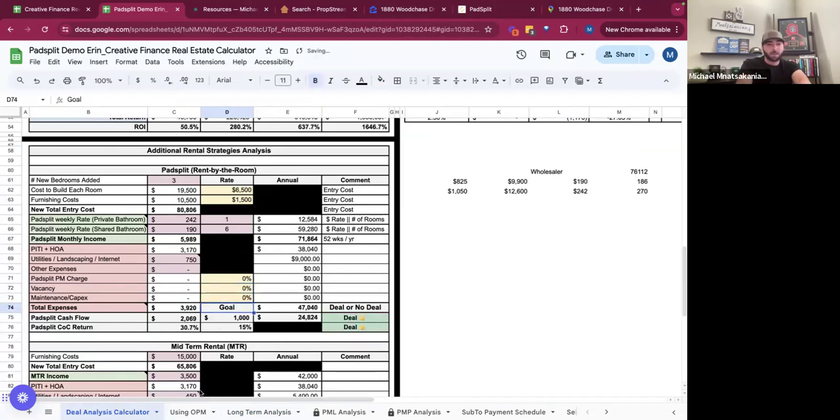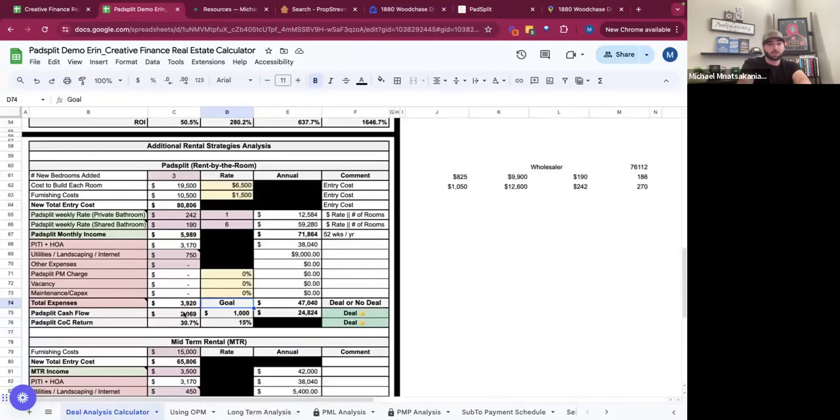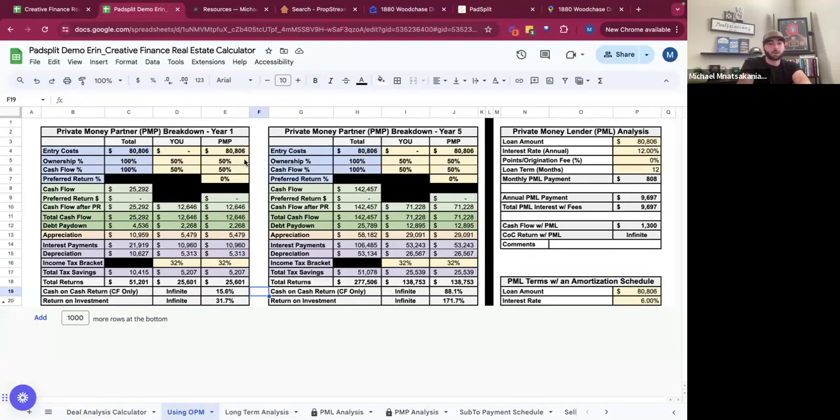There is no maintenance and CapEx. Let me make sure these are transferring over, which is great. Saying there is no maintenance and CapEx, no vacancy, none of that. Then they're saying, oh, actually, so the returns are 2,000 and 30% cash on cash. You as the partner are getting 15% of that and 31.7%. So yes, they're saying that that's the returns, it's up to you. Are you fine with accepting that?